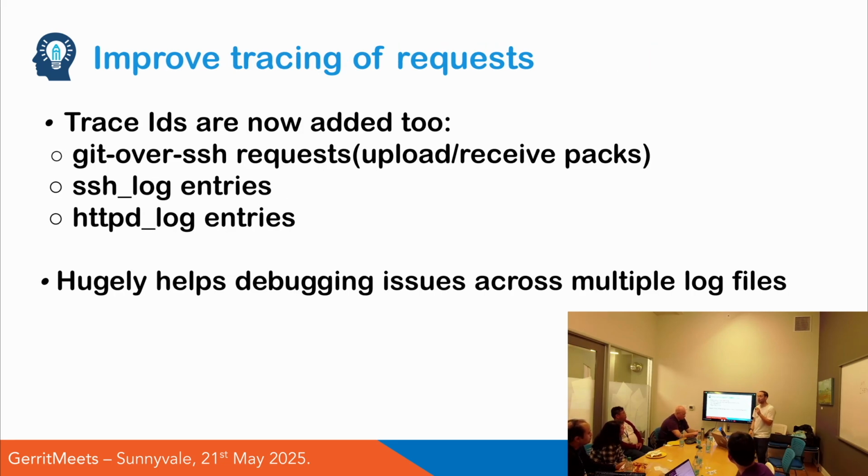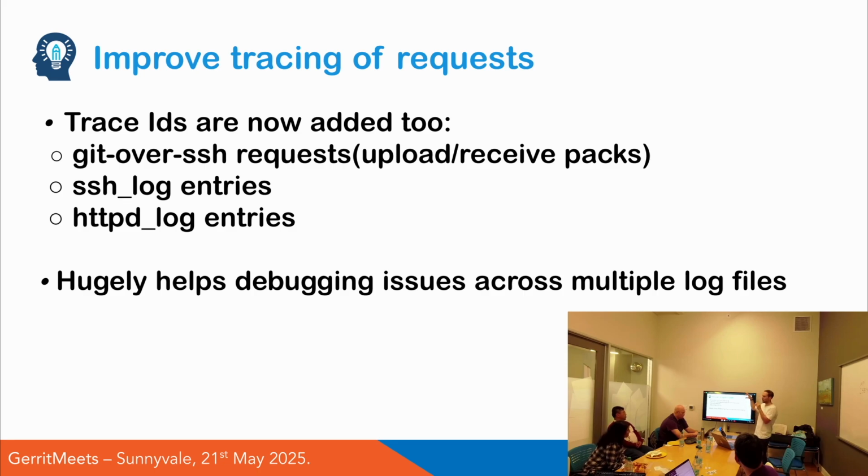We've improved, and this one I actually love, Sasha from SAP contributed this. I cannot thank you enough. Thank you so much. The trace IDs are now added to the Git over SSH requests. It makes it a lot easier to understand where your trace is happening and how it is evolving. Before, you would have to do a lot of timestamp matching between the different log files.